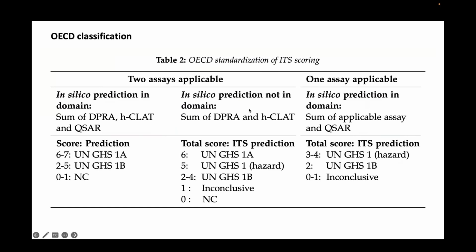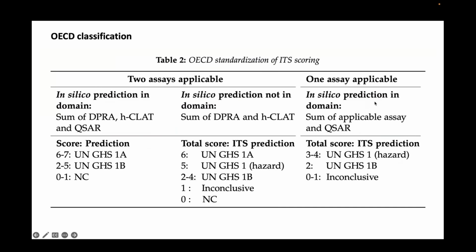You might have the case where the in silico prediction is not in domain. So if you train a model on aldehydes for 10 years and then suddenly you come with a hydroxy group, this means that you can maybe not apply an aldehyde-trained model to an alcohol group. So this means not in domain for the compound.